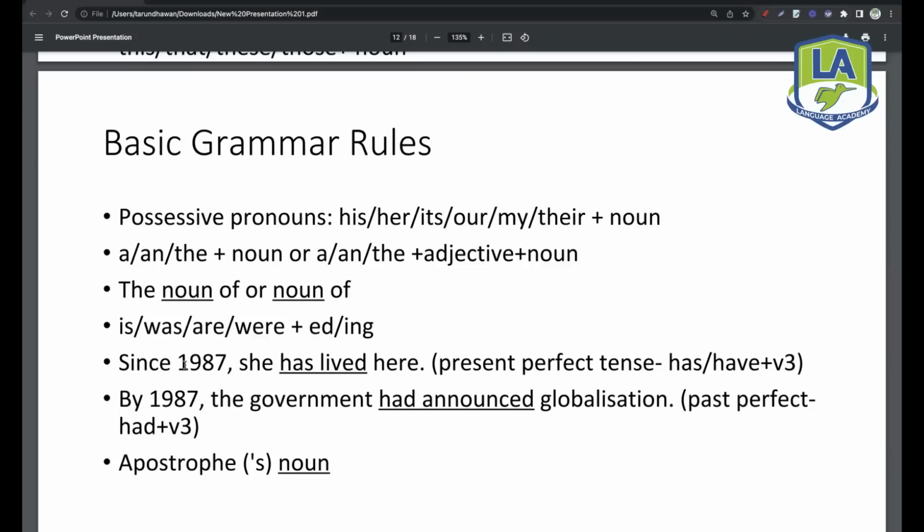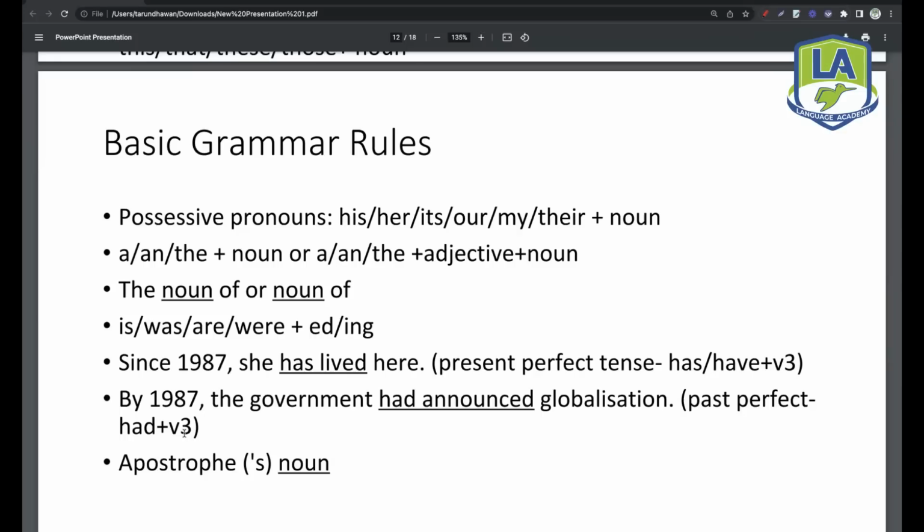And if the same thing comes with by 1987, the government dash globalization, the answer will always be had plus third form. So if there is since, the answer will be has, have plus third form. If you have by, then the answer will be had plus third form. And the last one, we have done it before. After apostrophes, if you have a blank, it will be filled with a noun.